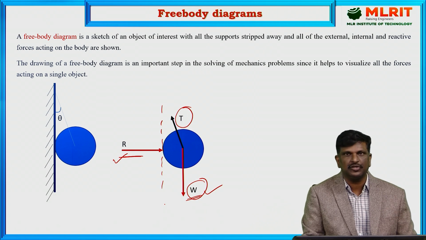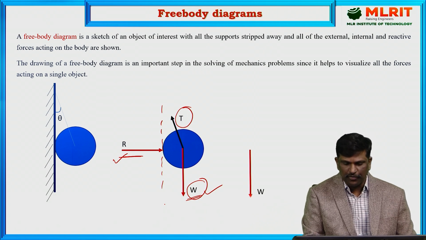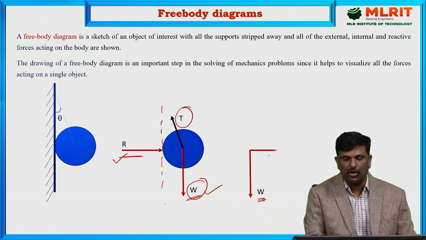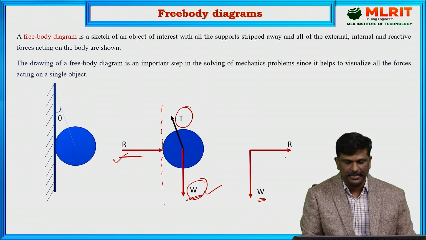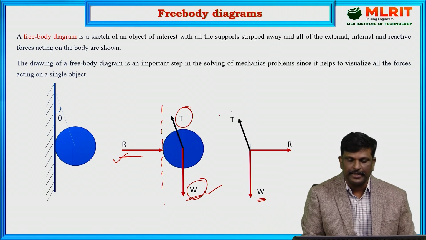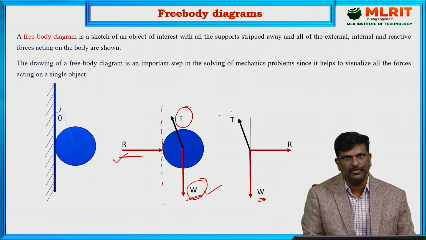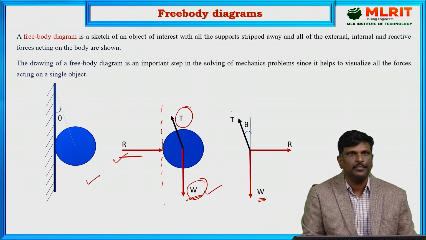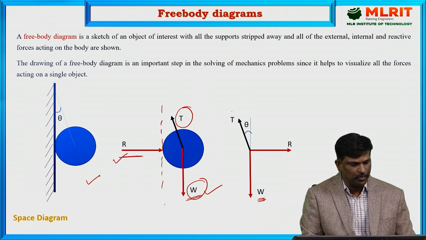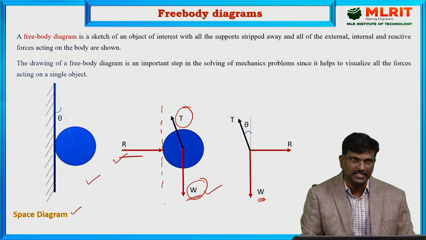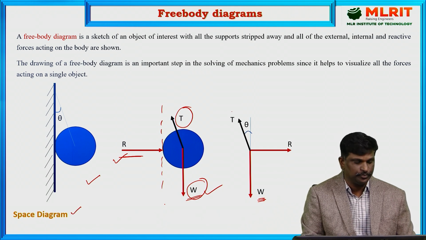Now, let us draw the force diagram for this. Weight always acts vertically downwards, the reaction is horizontal, and the tension in the string is in the upward direction at an angle of theta to the vertical. The given problem diagram is generally known as the space diagram, physical diagram or problem diagram.